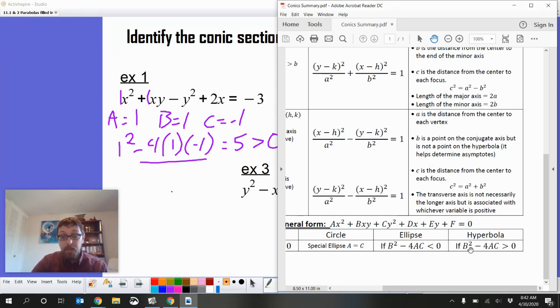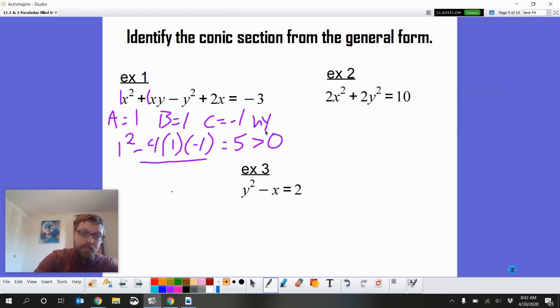Since it is bigger than 0, this thing is a hyperbola. That's just what the paper tells us. Okay. That's it. We've determined it's a hyperbola. That's all we're doing for this part.